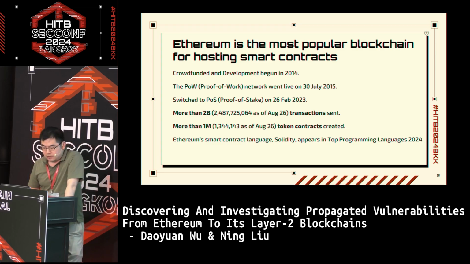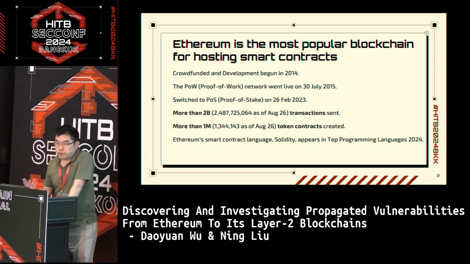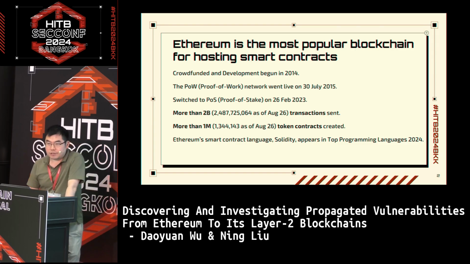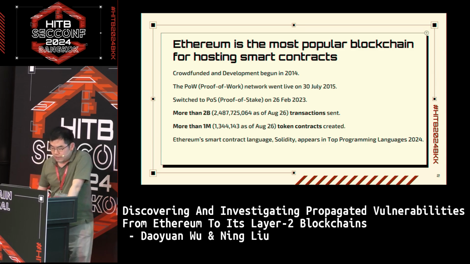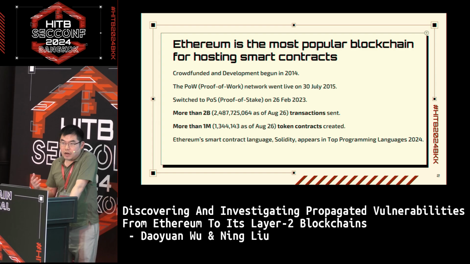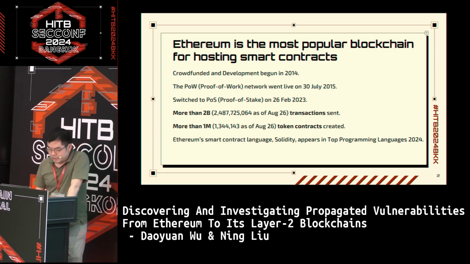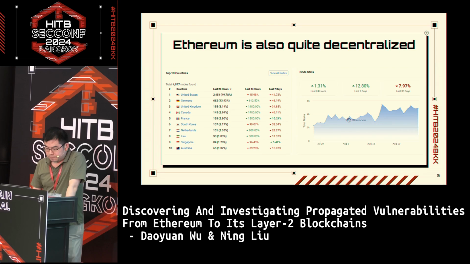As you may probably know, the language of smart contracts is called Solidity, and it also appears in the list of top programming languages for 2024. So it is getting more interest from the general public.